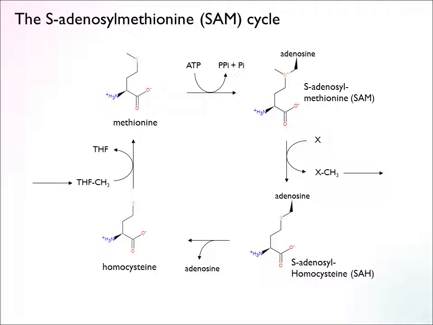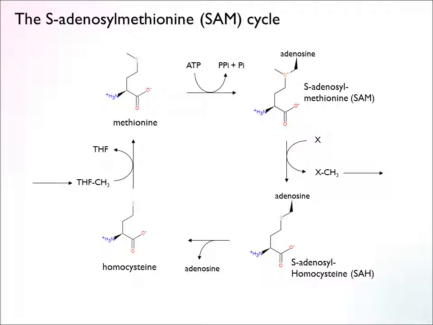Now, you might wonder why you have to have two different systems. You already had the folate group carrying methyl groups, so why do you have a separate system? One reason might be that SAM is an excellent methyl donor, because this group, where the methyl group is bound to the sulfur atom, is bound very loosely, you might say.